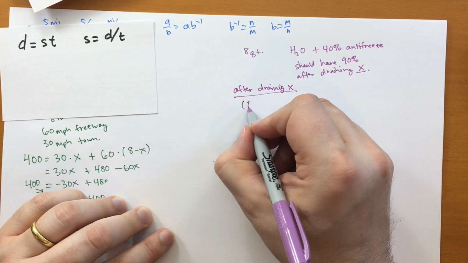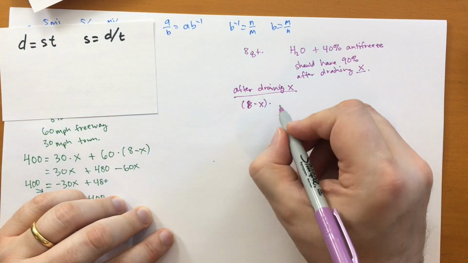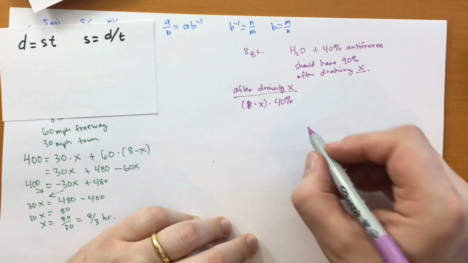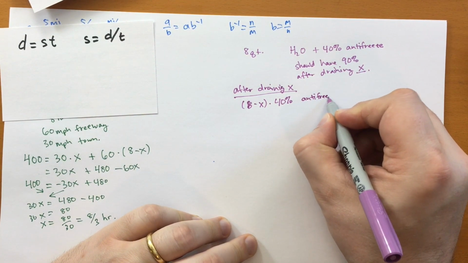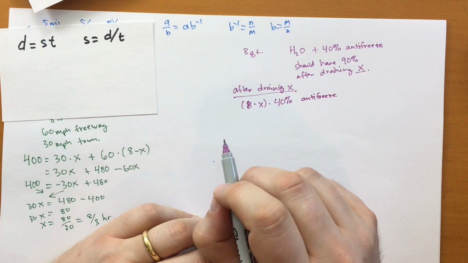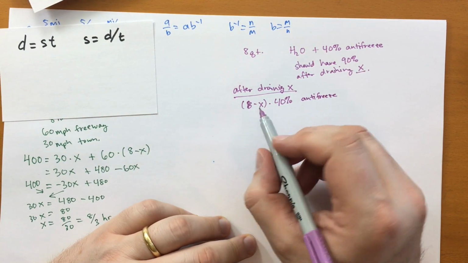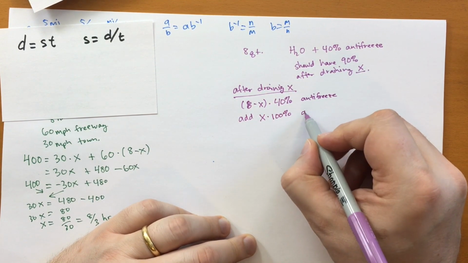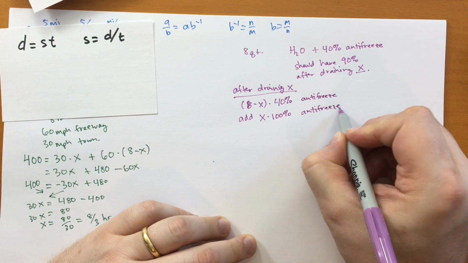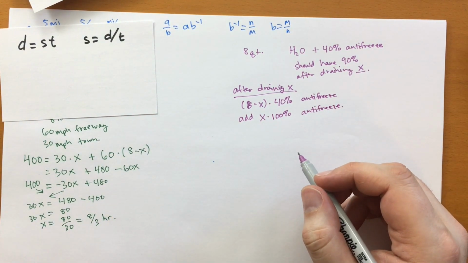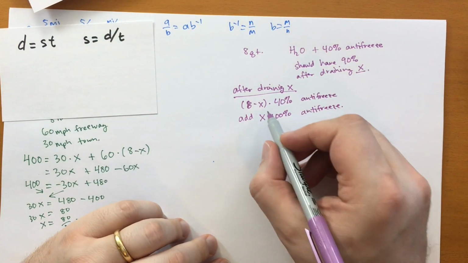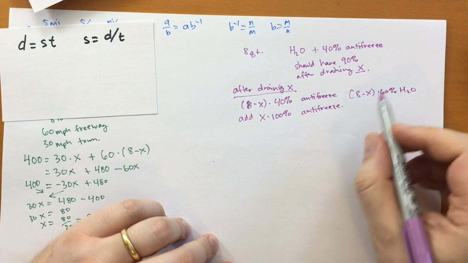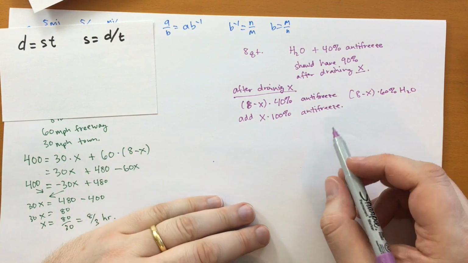So after draining X, you have 8 minus X times 40% antifreeze. And then you're going to add X times 100% antifreeze. The remaining water is 8 minus X times 60% H2O, because it's water and antifreeze. And we want to get to 90% antifreeze.